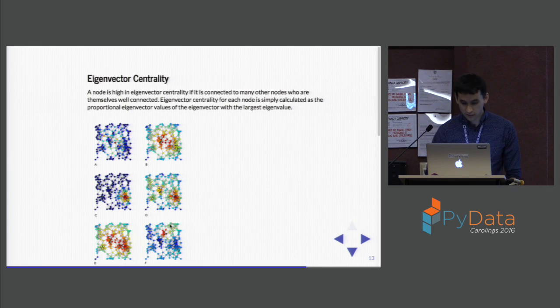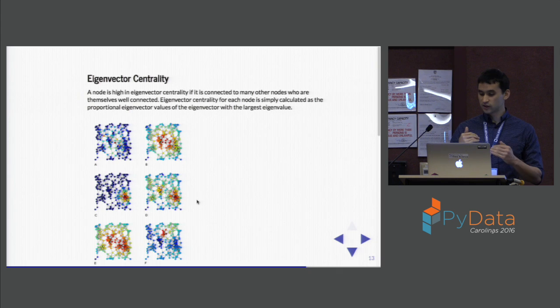Degree. This one down here, D, is the degree centrality. As you can see, the ones that are really well connected, really dense, are darker red. There's a bunch over here that are super connected, and that's how you'd visualize it. The ones that are higher would be darker red.